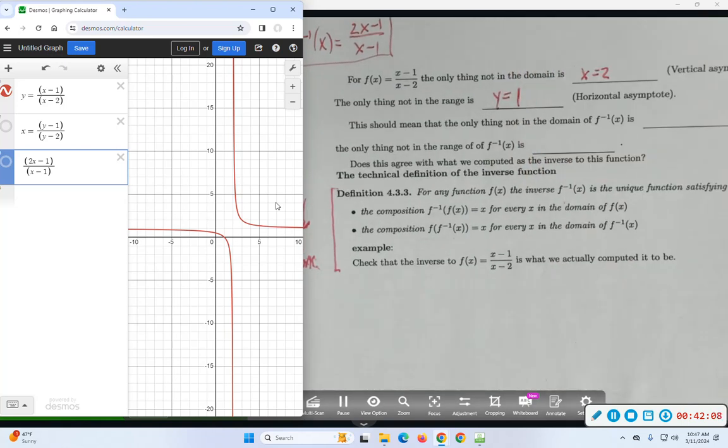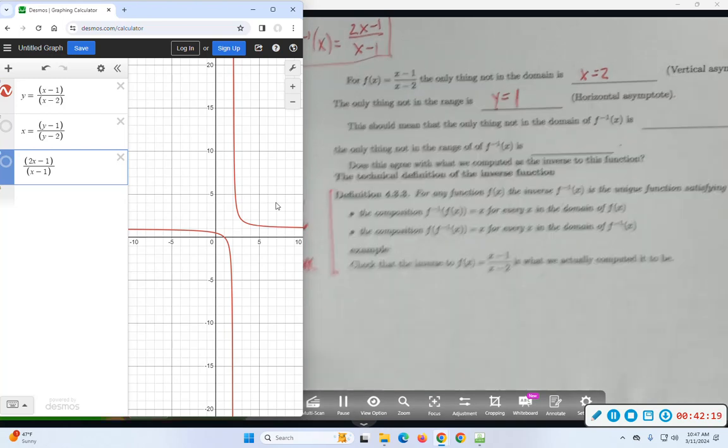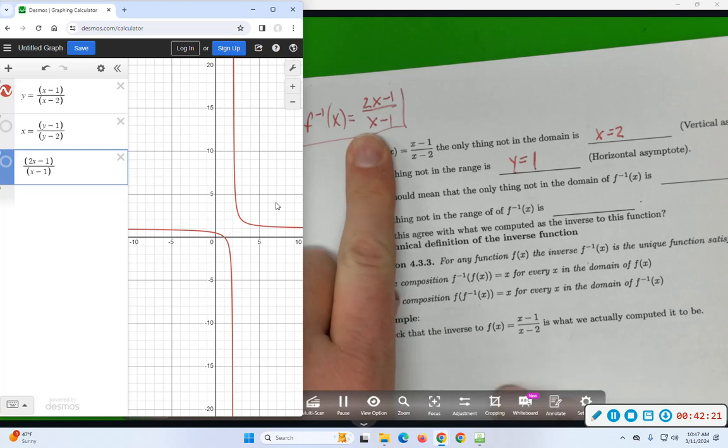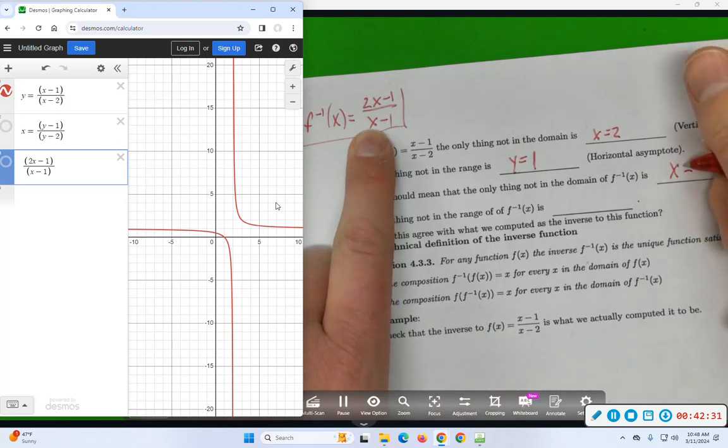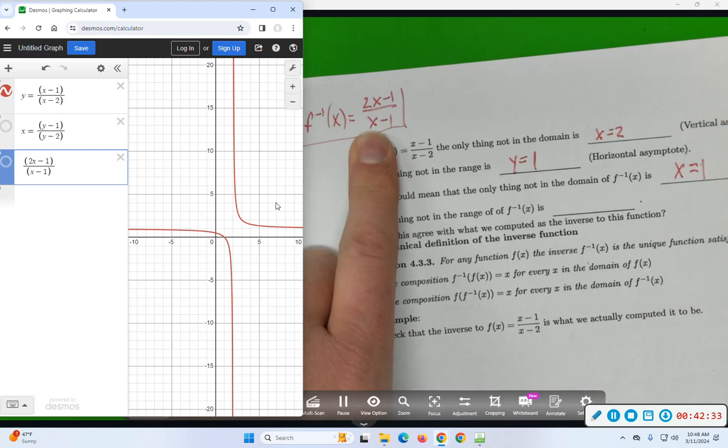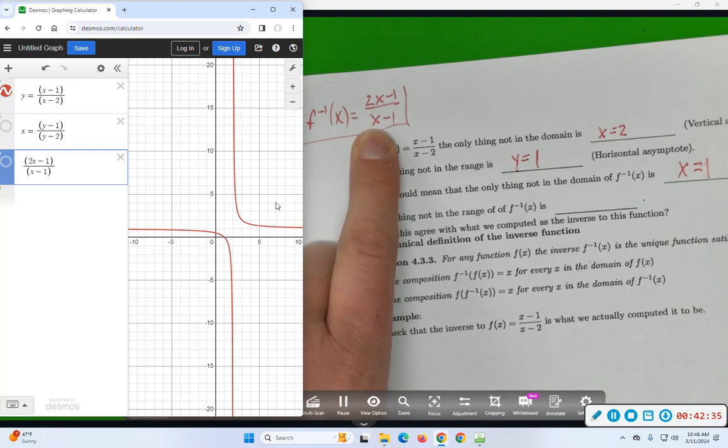And if the thing we just said is correct, then for the inverse function, those two facts should just swap. Let's see if it does. So there's the formula for the inverse function. What's the only thing not in the domain of that thing? 1. Plugging in 1 results in division by 0. The only thing not in the range of this thing is the location of the horizontal asymptote.